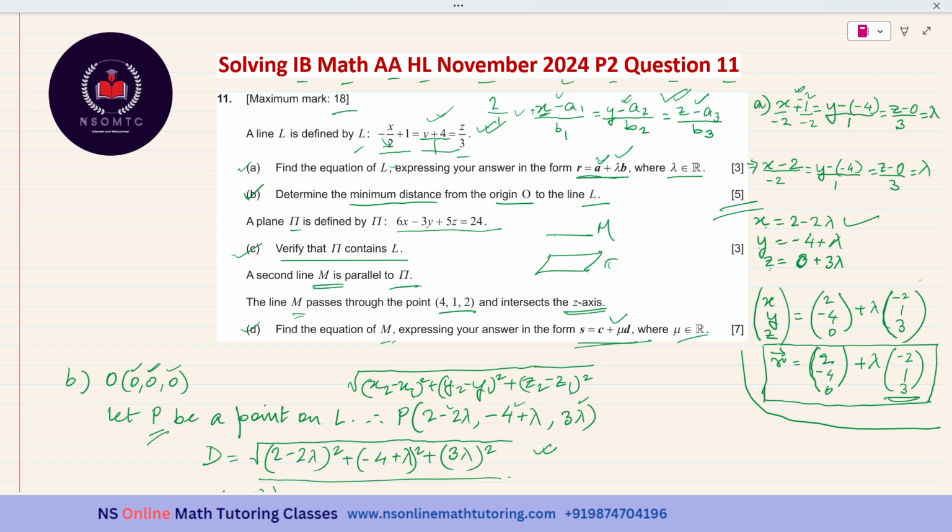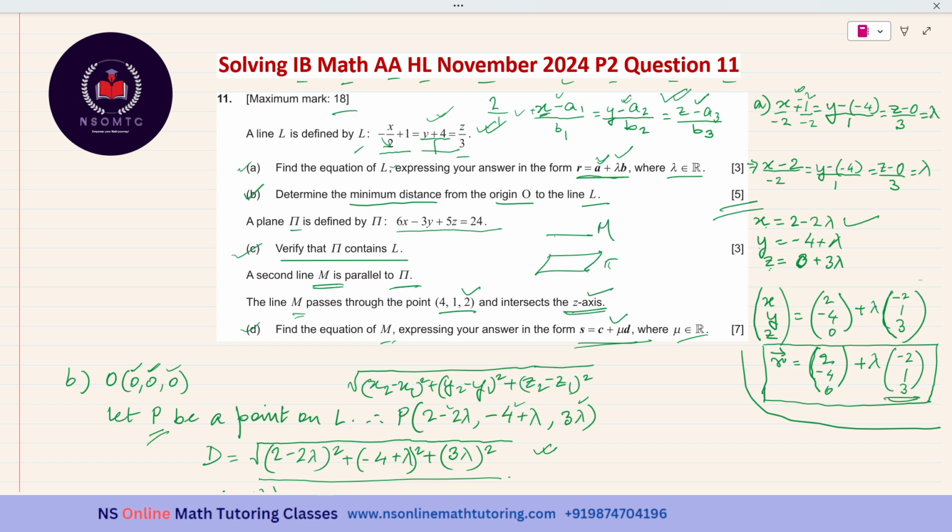And in order to get the equation, what two things do we need? We need the coordinates of one of the points lying on the line M and the direction vector of the line M. In order to get the direction vector, we can take these 2 points.